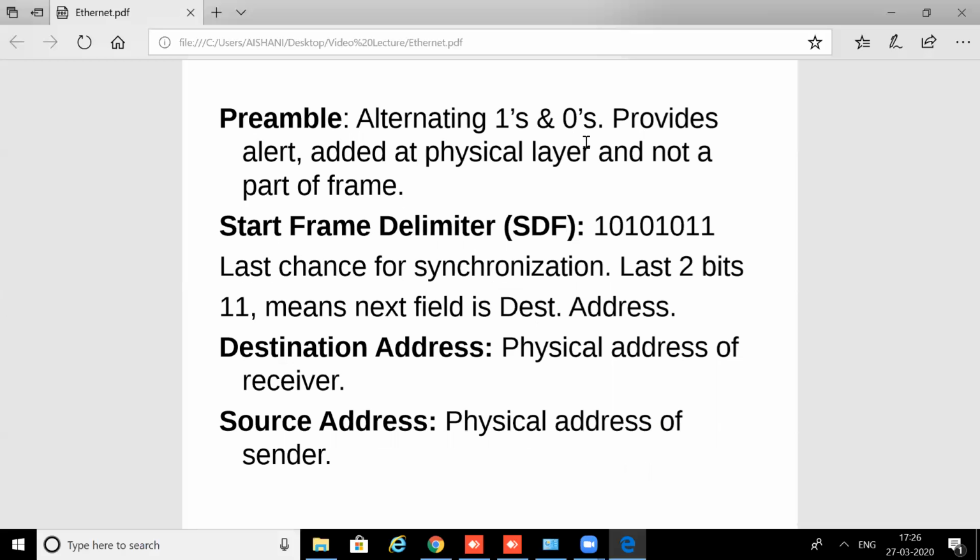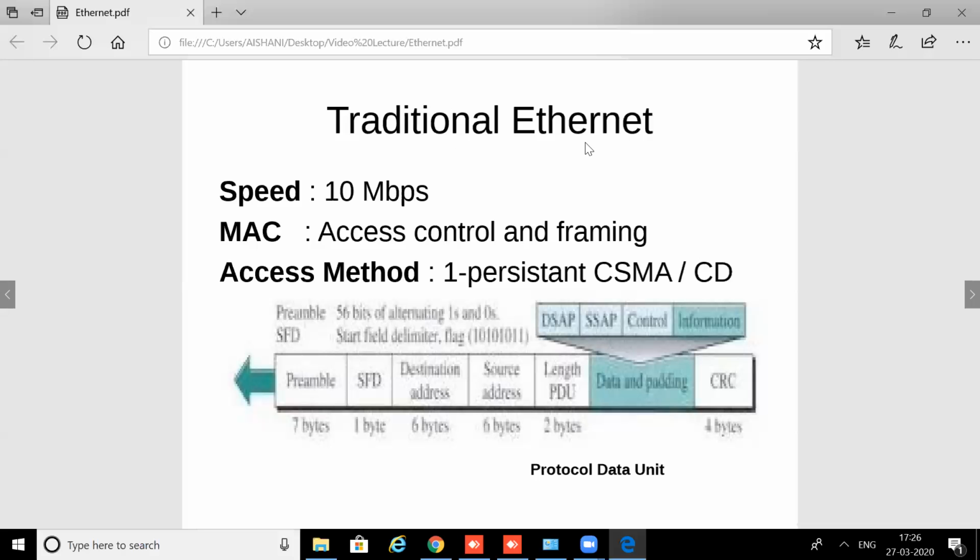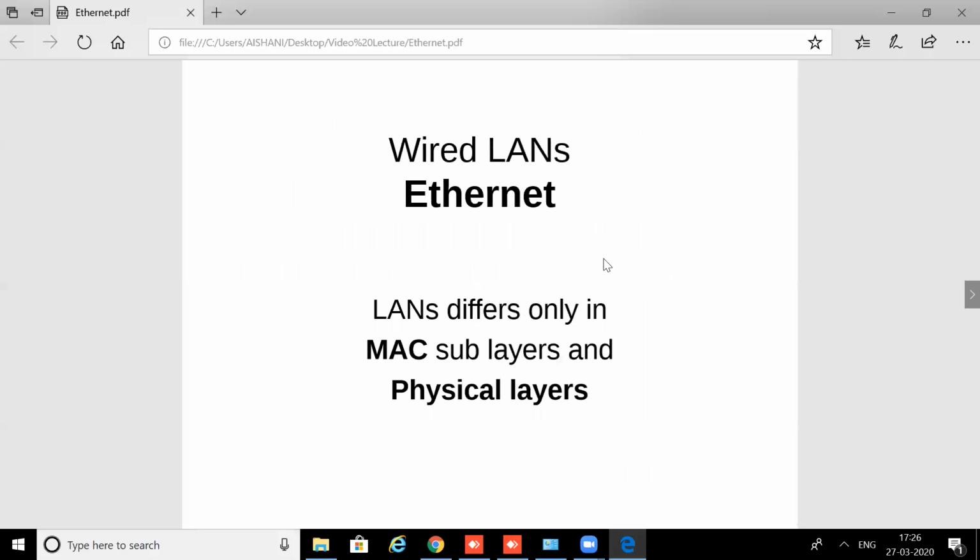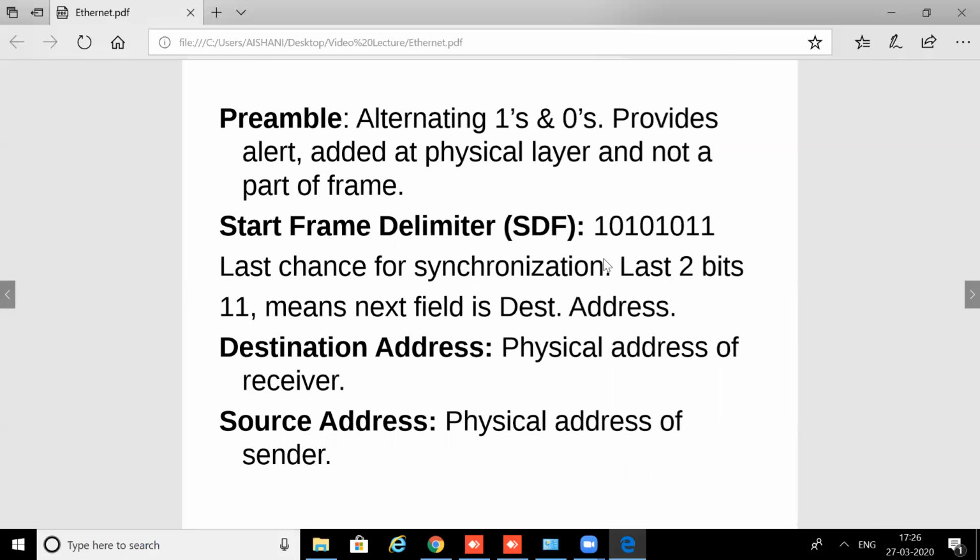Whenever the receiver receives this frame and goes through the preamble section, the preamble does not contain any significant data. It actually gives us the time to synchronize between the sender and the receiver.